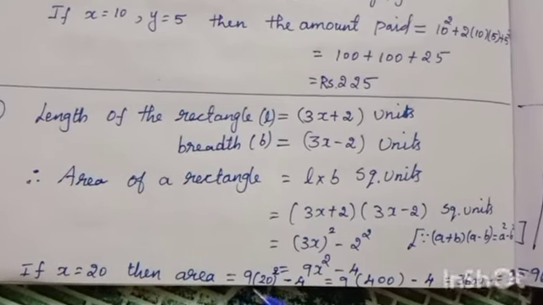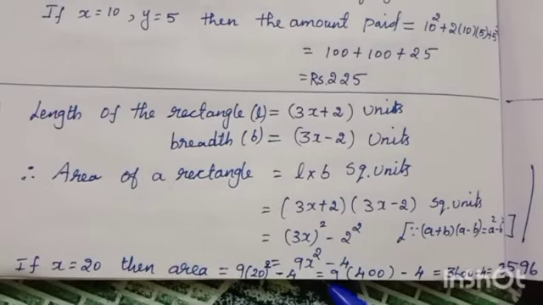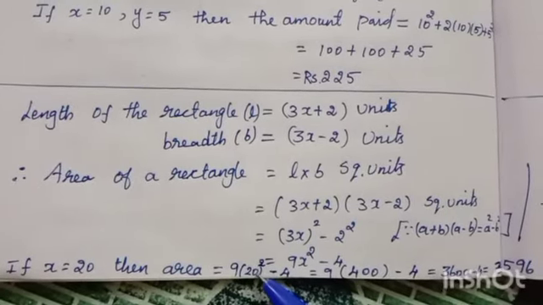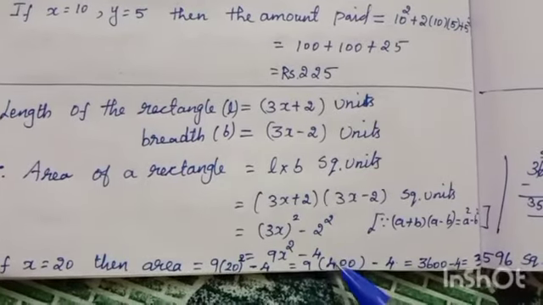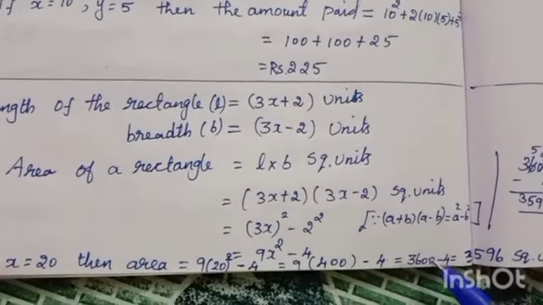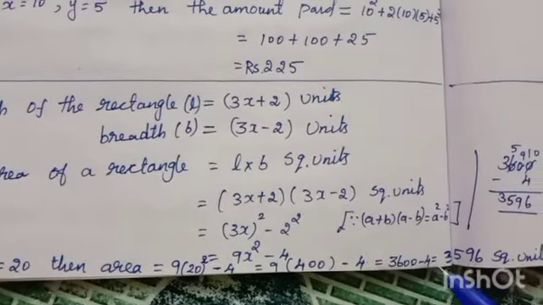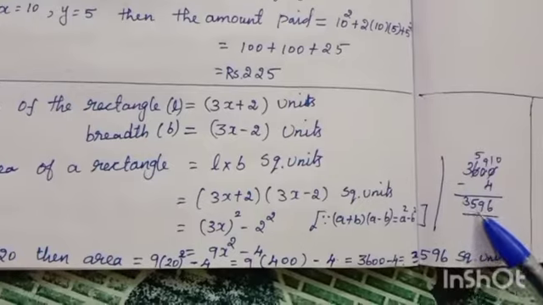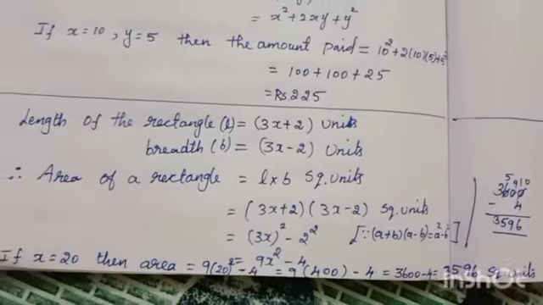Then area is equal to 9 into 20 square minus 4. That is 9 into 400 minus 4. 9 fours are 36, two zeros at the end. So that is 3600 minus 4, which is 3596 square units.